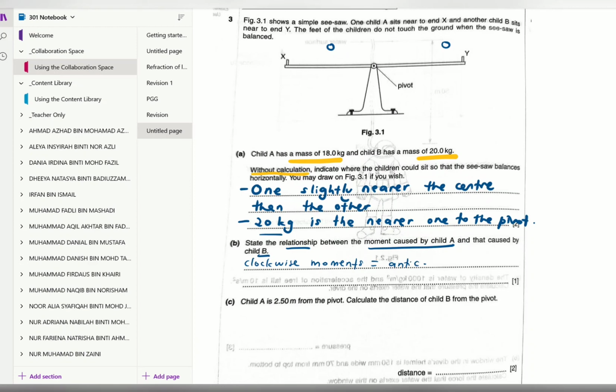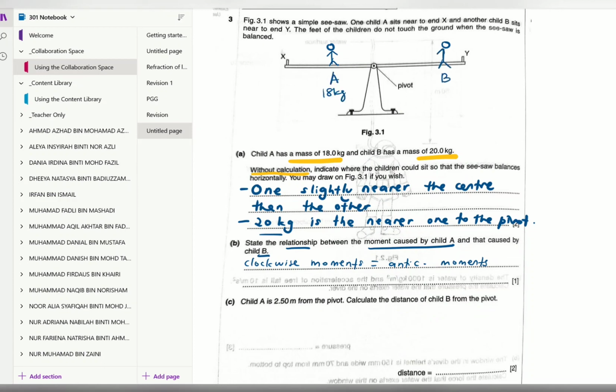Now child A is 2.5 meters from the pivot. Calculate the distance of child B from the pivot. So draw this. Child A, then child B, A 18 kg, B 20 kg. So we want to know the distance of child B from the pivot, given that child A is 2.5 meters from the pivot.